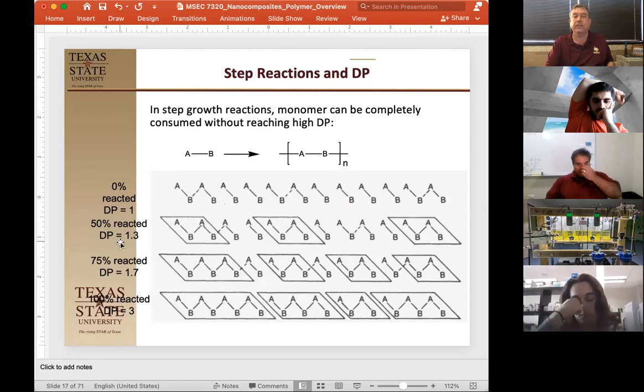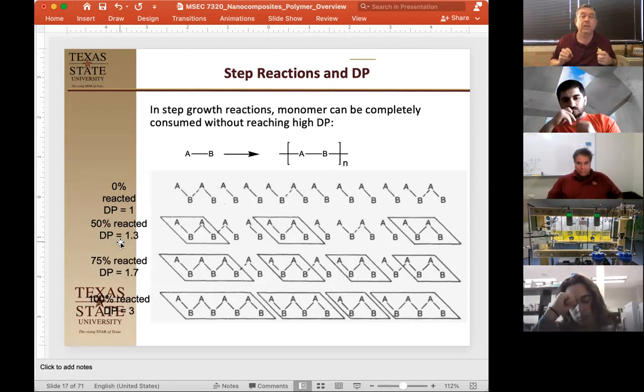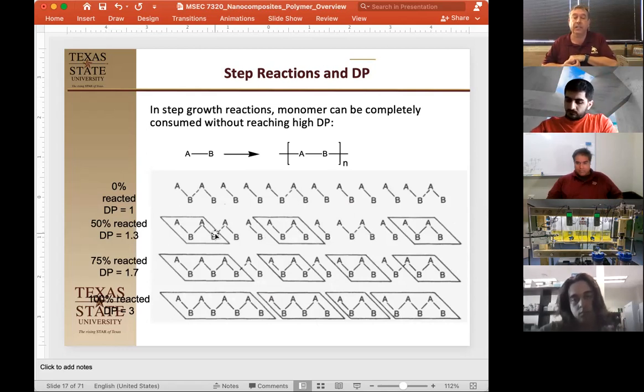Only 50% of the monomers have reacted with 50% of the monomers that are available. So that means our degree of polymerization is actually 1.3, because only 1/3 of the monomers are in a state other than the monomer state.